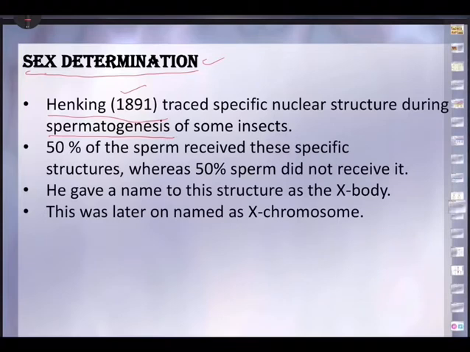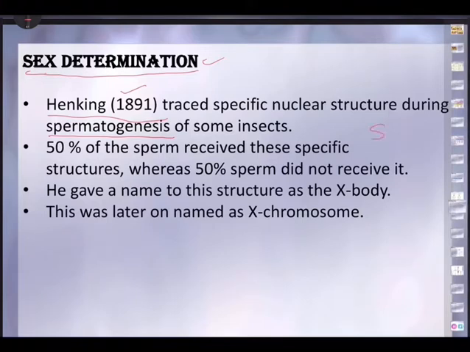So we are thankful to scientist Henking, who in 1891 traced a specific nuclear structure during spermatogenesis. You may recollect the process of spermatogenesis, chapter number 3, and how spermatogenesis results in the formation of sperms right from the sperm mother cell.